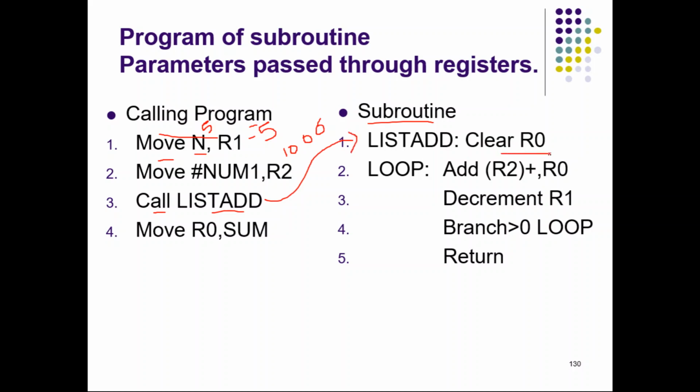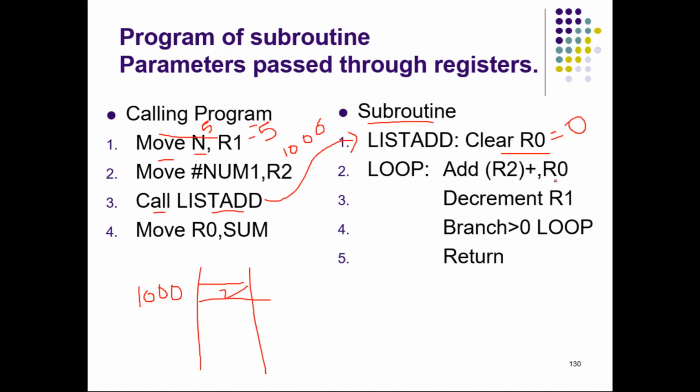Clear or not? Clear r0, so r0 will become 0. Then add r2 plus r0. What is r2? R2 contains the starting address of the first number, the address where the first number which we want to add is stored. Say the first number is 2.